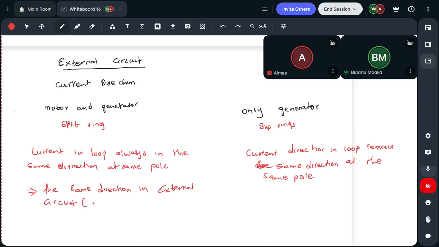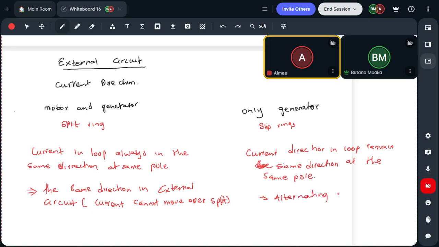So meaning that the current in motors and generator cannot move over a split. This side, we say it's in alternating direction.